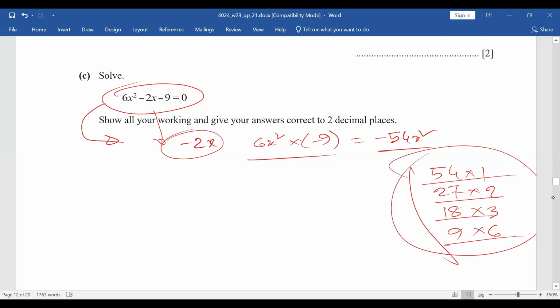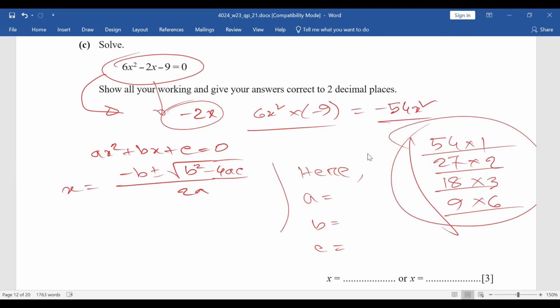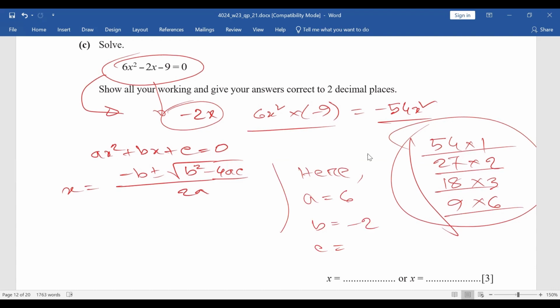So we have to find the solution of this equation by the general solution. If ax squared plus bx plus c equals 0 is the equation, then x will be minus b plus or minus root over b squared minus 4ac, divided by twice a. Here a equals 6, b equals minus 2, and c equals minus 9. Just insert the values.